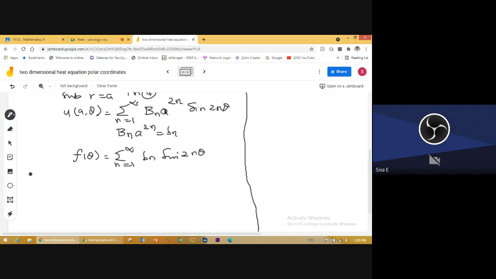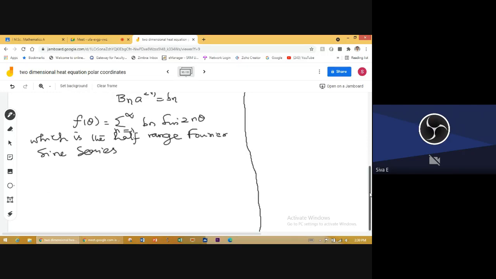So which is half range Fourier sine series. So in the half range Fourier sine series, what is Bn here?